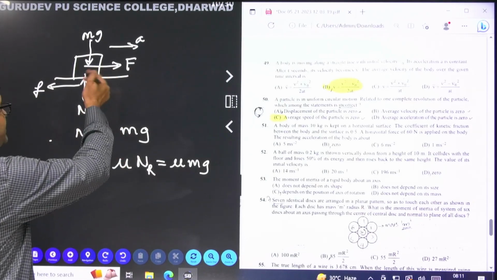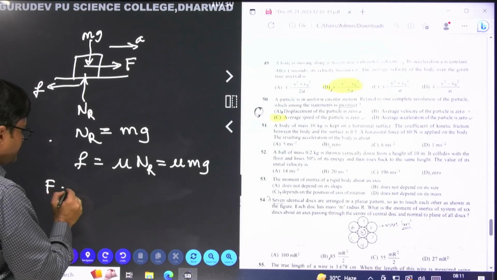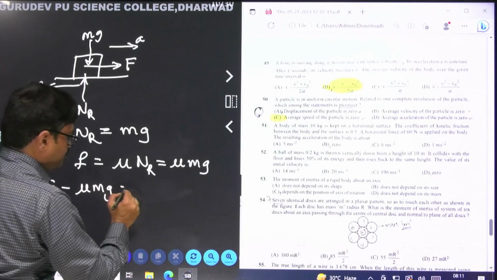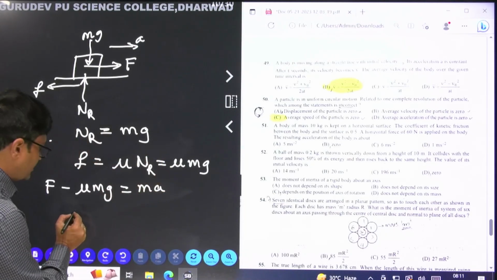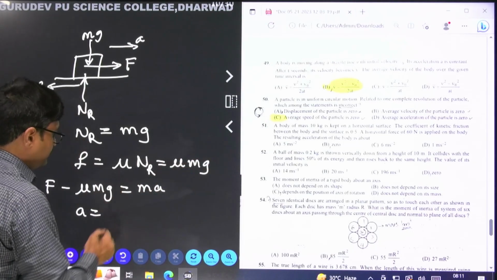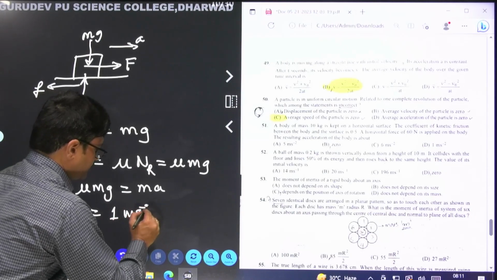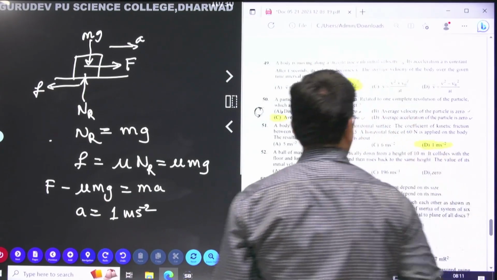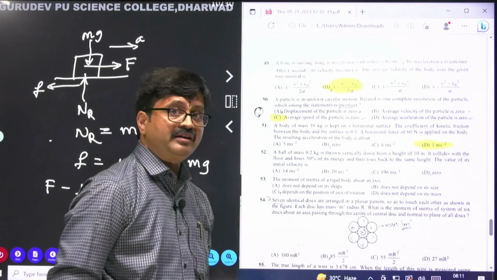Now the net force on this body would be F minus mu mg, which should be equal to M into A. According to that, I can get the value of A. If we substitute the values and simplify, we get 1 meter per second square. So our answer to this question is 1 meter per second square. Now let me move on to question number 52 quickly.